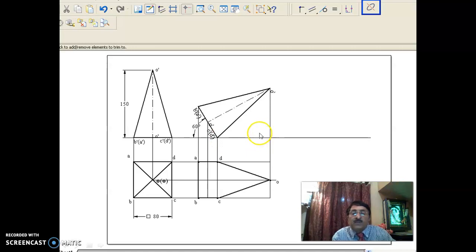We will make it a procedure. That is, if the apex is nearer than the base, the remaining edges of the base cannot be seen. In that way, the remaining edge of the base is only CD, which you make dotted. That means CD is the invisible edge.